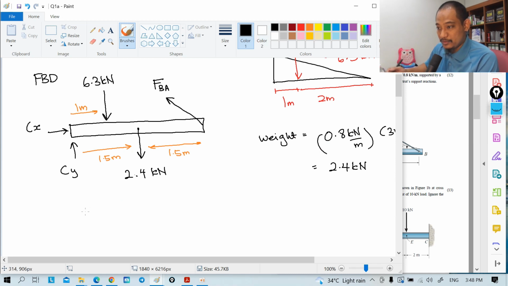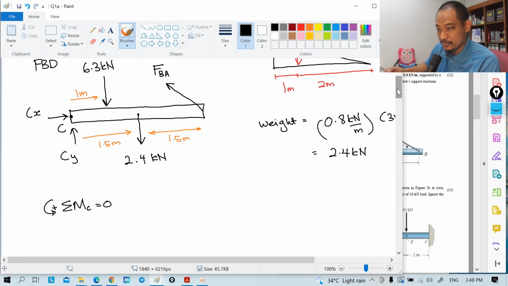The easiest one normally will start here. A moment about point C, so summation of moment about point C equals 0. Let's take counterclockwise as positive. From there, what's the angle? The angle is missing.